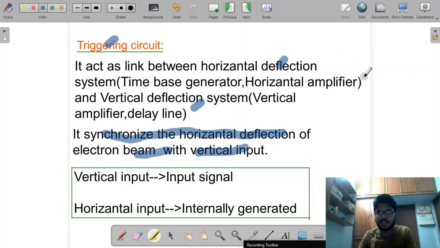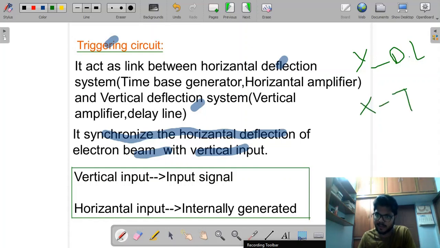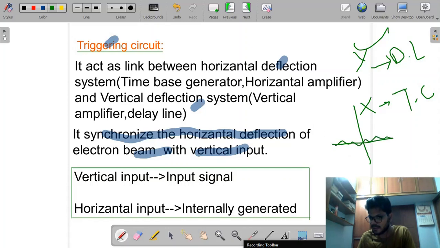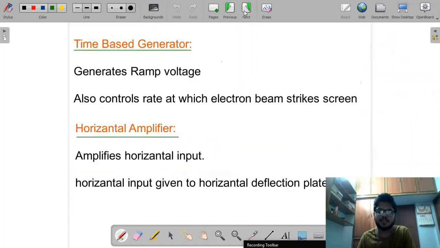One synchronization is done on the y-axis by the delay line, and on the x-axis it is done by the triggering circuit, such that our x-axis signal and y-axis signal are completely synchronized to each other.